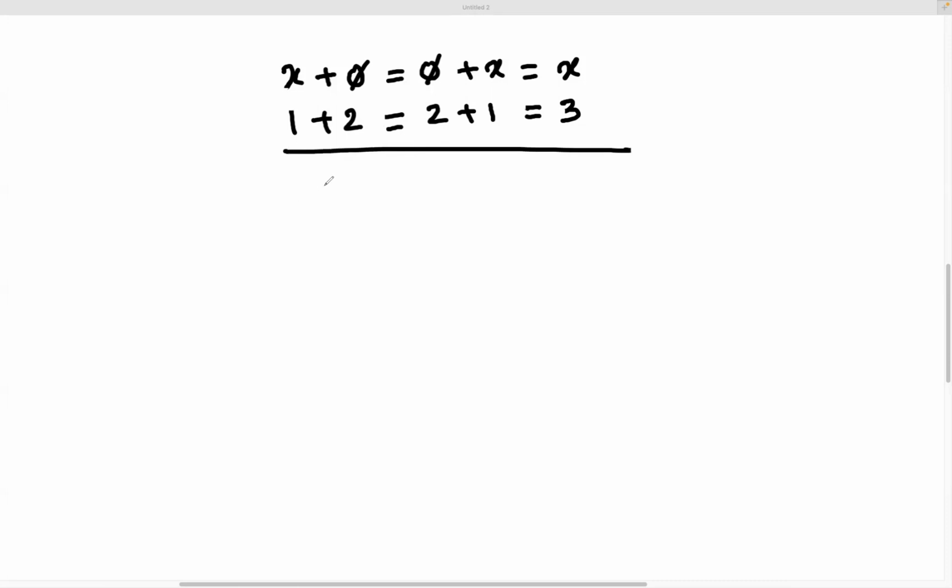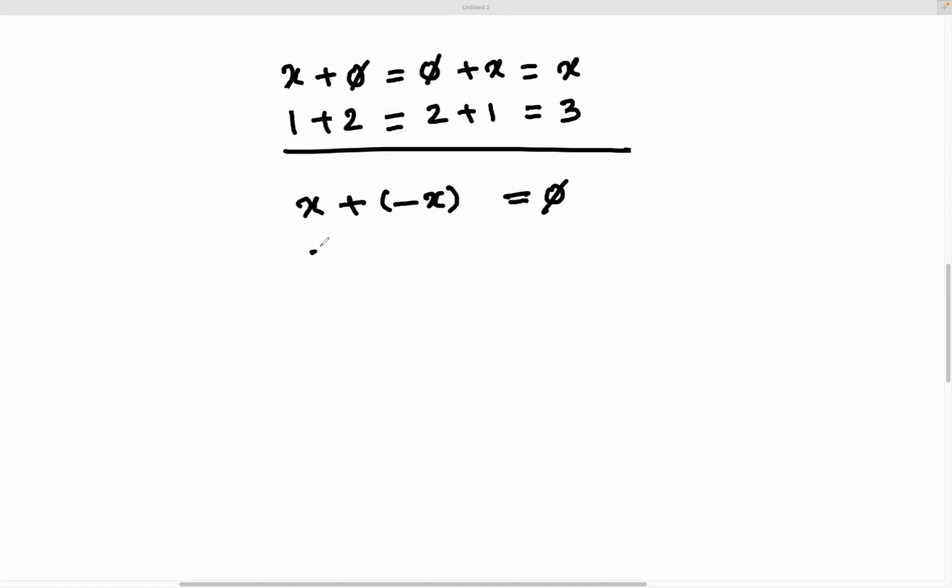Next, if we have a number x, and this is a general character x we are using to represent any integer, and we add the negative integer of the same value to it, then the output is 0.